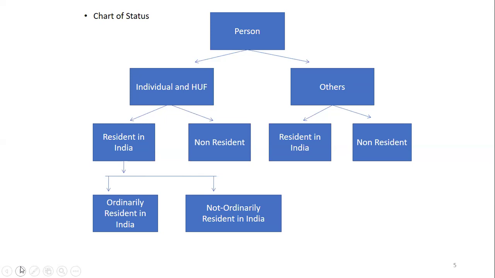The resident in India is further decided on the basis of ordinarily resident in India and not ordinarily resident in India. The second main classification is non-resident. In the other person classification also, the classification is done in two forms: resident in India and non-resident.